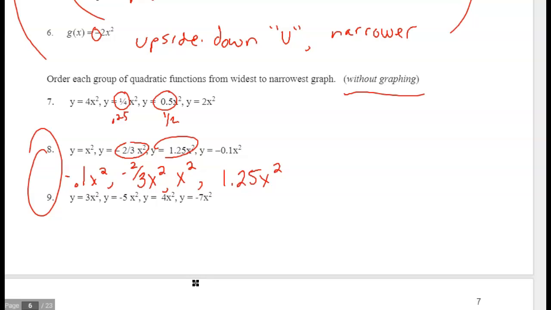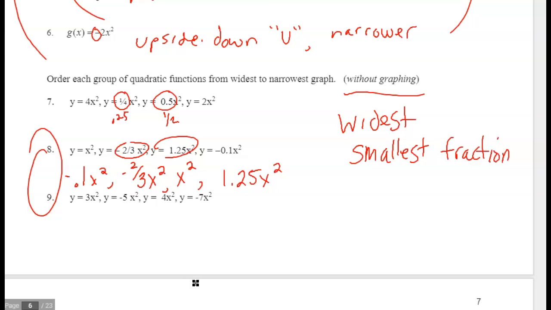So it says, widest to narrowest without graphing. I'm not going to lie, you could use Desmos if you needed to check these out. But what is going to be the widest? The widest is going to be the smallest fraction or decimal.